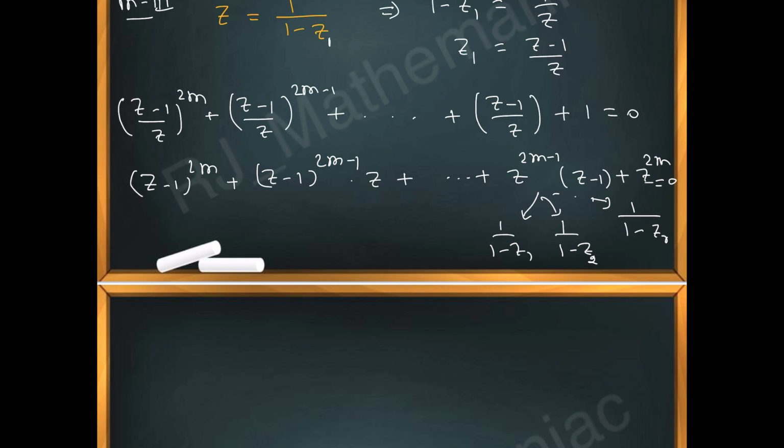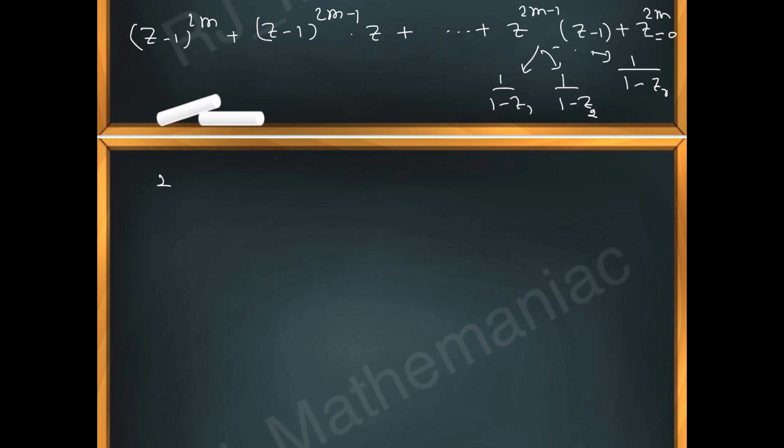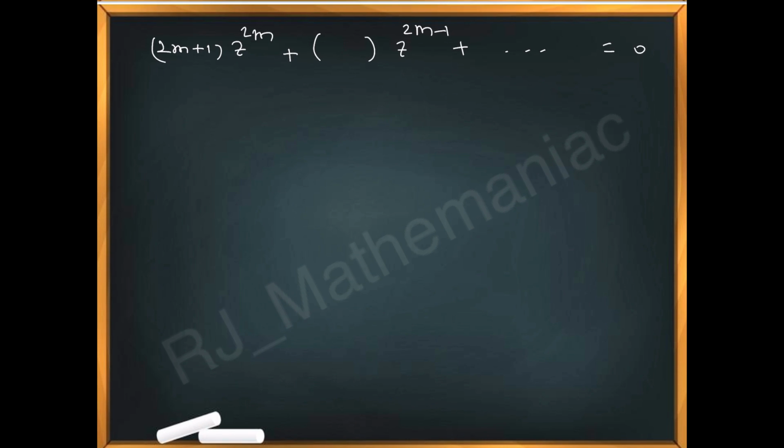If I see here (z minus 1) power 2m, the binomial can be used. So by binomial, you will get 2m plus 1 into z power 2m, plus the coefficient of z power 2m minus 1, plus and so on, equal to 0. I'm not interested in the other coefficients except z power 2m minus 1.